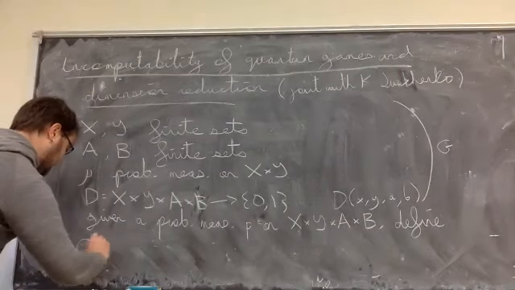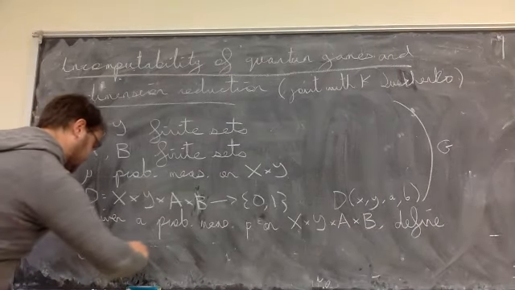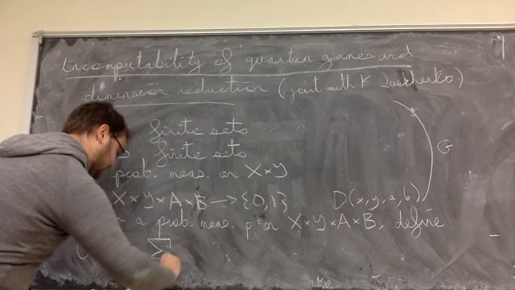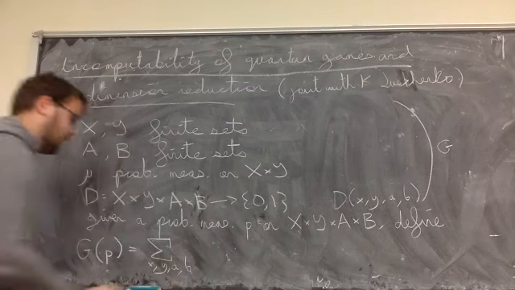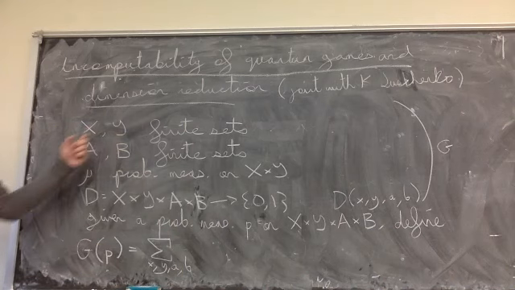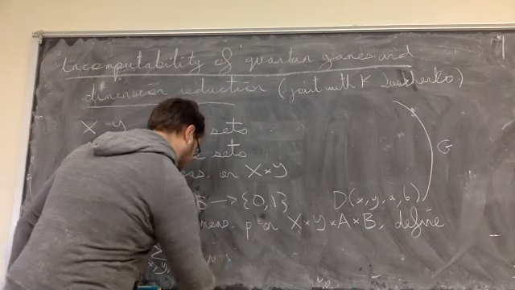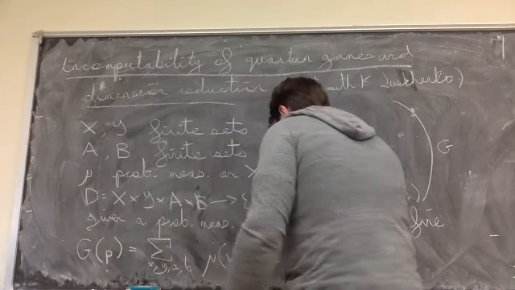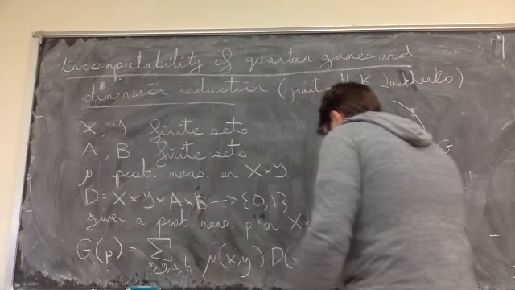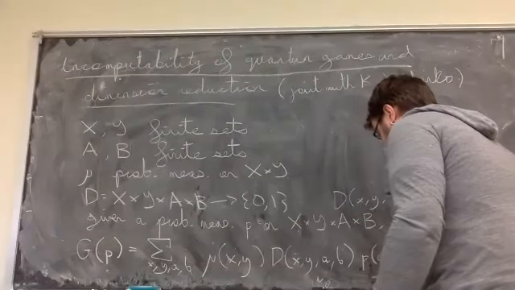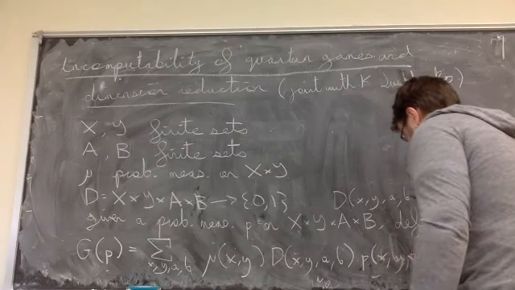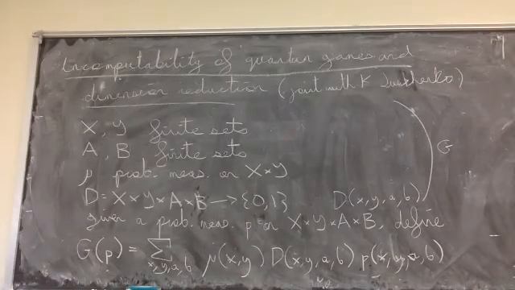G of P is the sum over all x, y, a and b of mu of x, y times the decision procedure D of x, y, a, b times P of x, y, a, b. This is a positive number; you can see it's between 0 and 1.